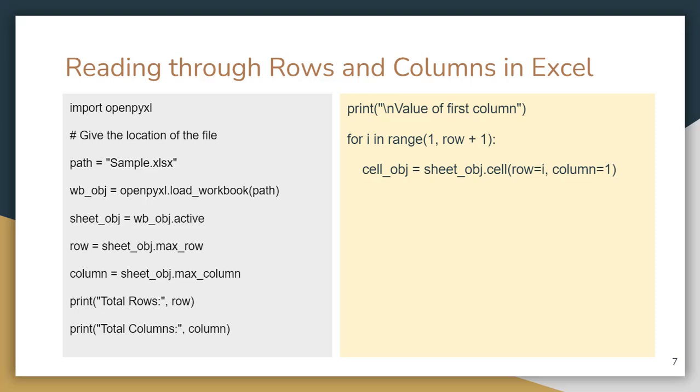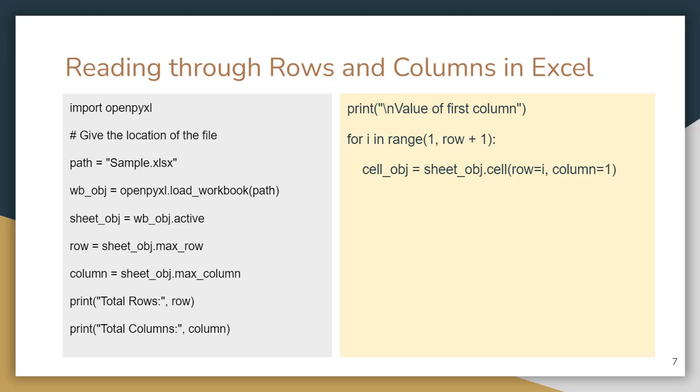creating an object, cell_object equals sheet_object.cell. Cell here is a function, and the cell function has two parameters, row equals i, comma column equals 1. That is, we are fetching data row wise from the range.